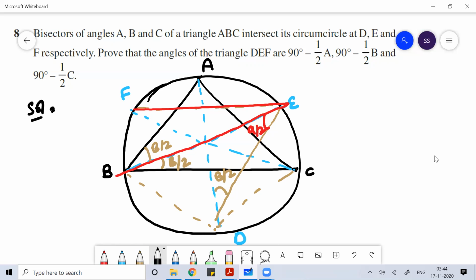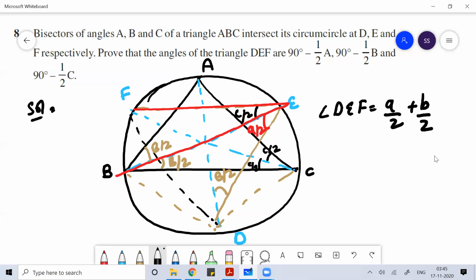This is C by 2. This is C by 2. So angle DEF will be equal to A by 2 plus B by 2, since angles on the same arc are equal.